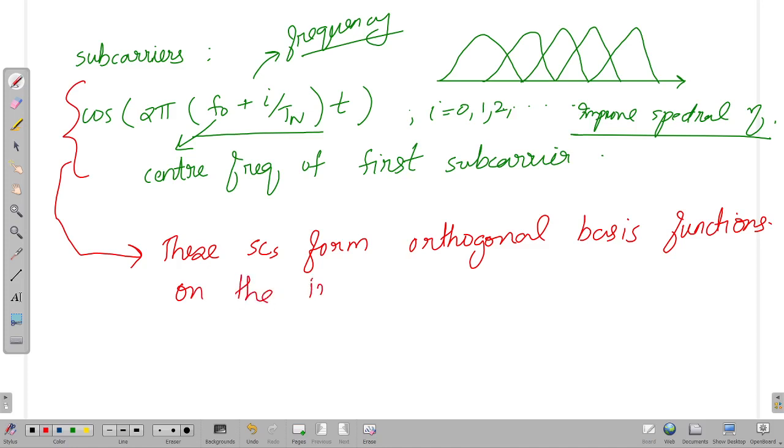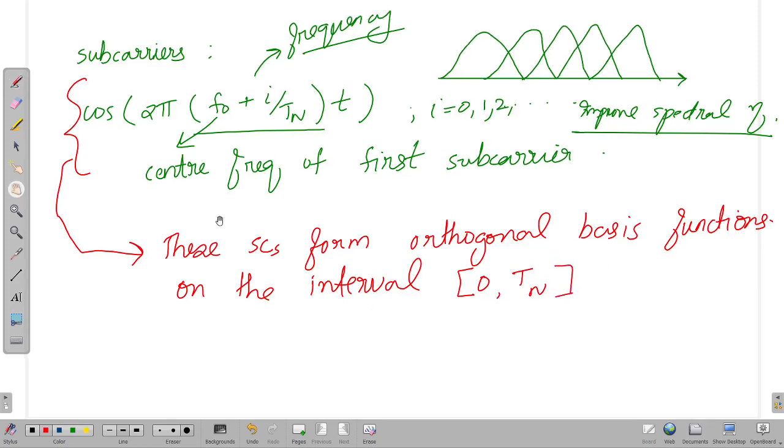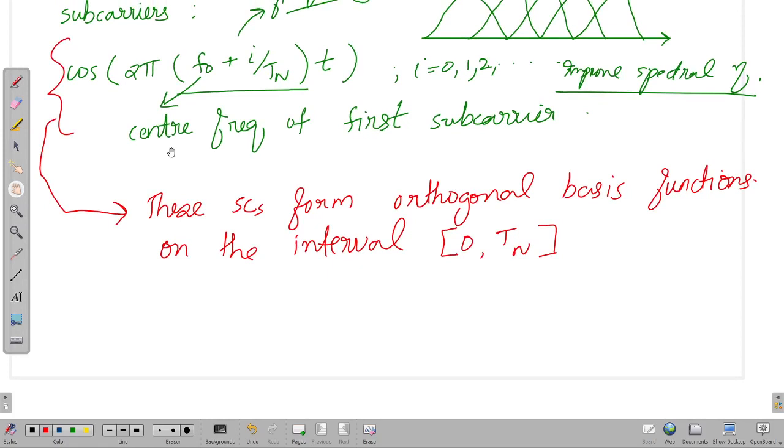Now that is very important. Which interval do you want it to be? On the interval 0 to Tn. In some textbooks, you can see a phase offset of the subcarrier also coming into the picture, but for convenience I have neglected it, assuming that the subcarrier offset is 0 in this case.